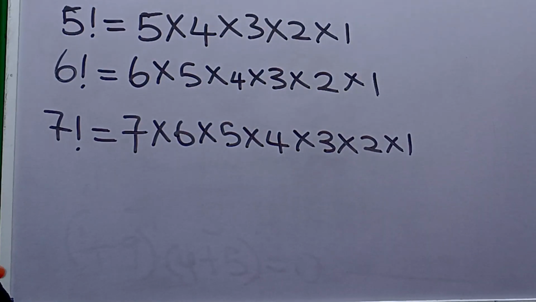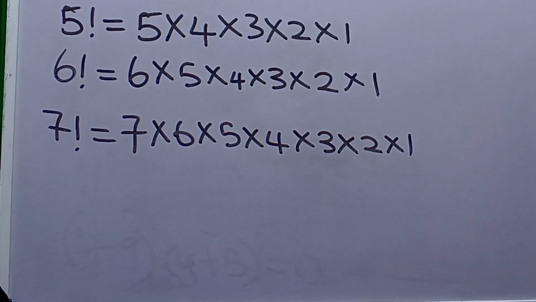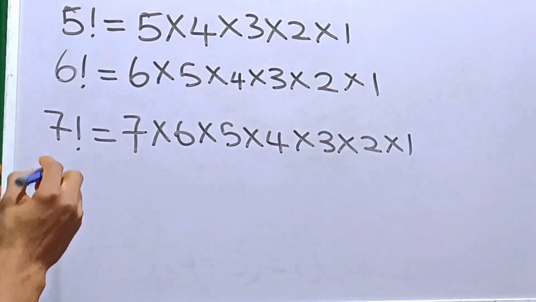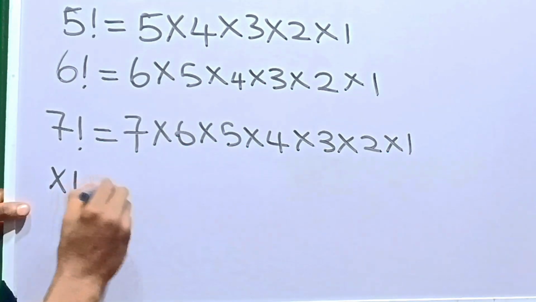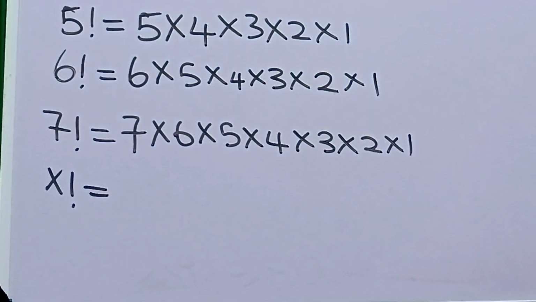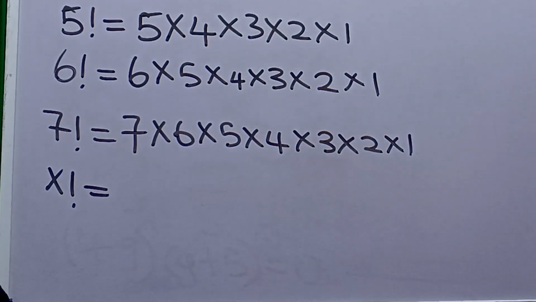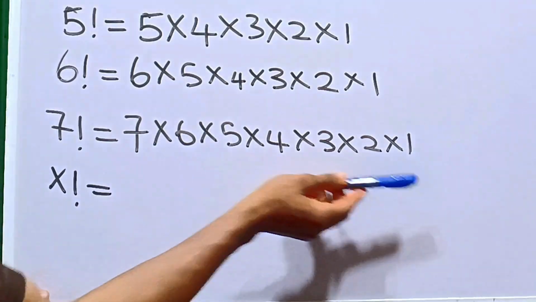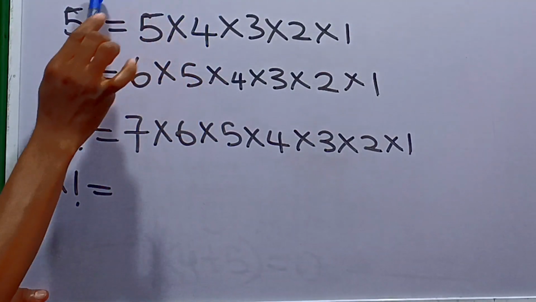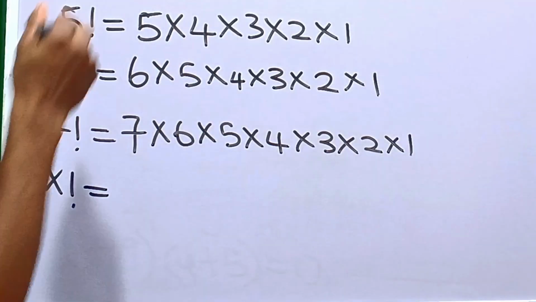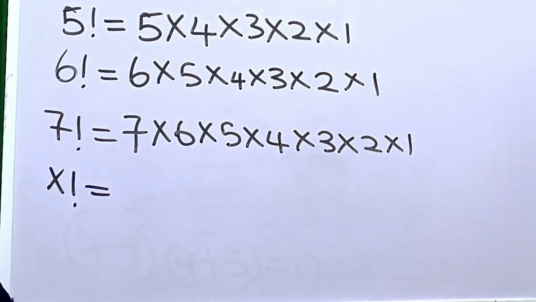Now remember that you're required to solve for x factorial without calculators because it's Olympiad. Now x factorial here, we are going to build it up from 1, because remember that we're multiplying all the way to 1. And if you look here, you see that x factorial is a product of both 6 and 7 factorial, meaning that x factorial should be greater than both 6 and 7 factorial.